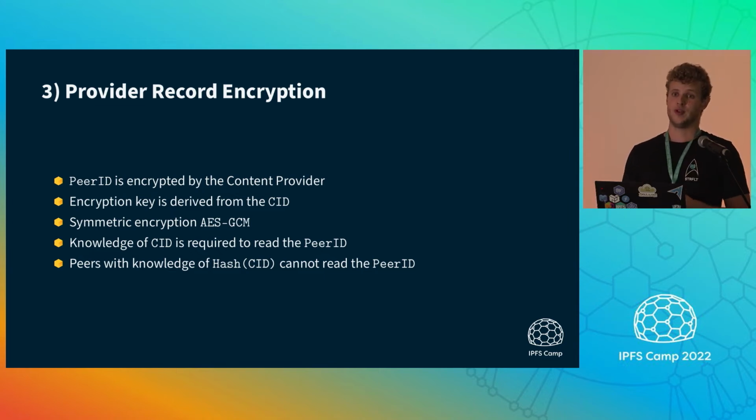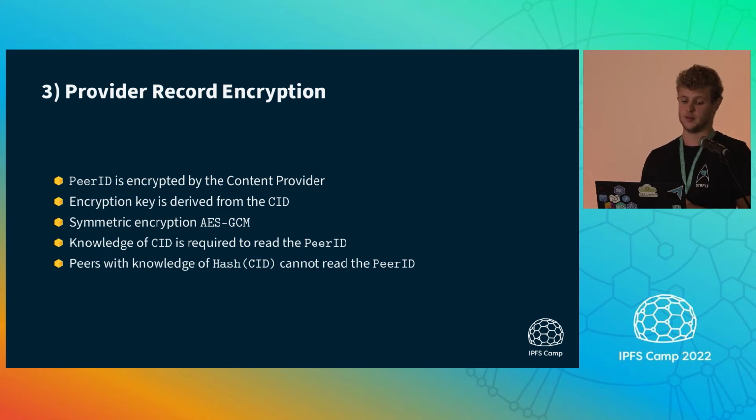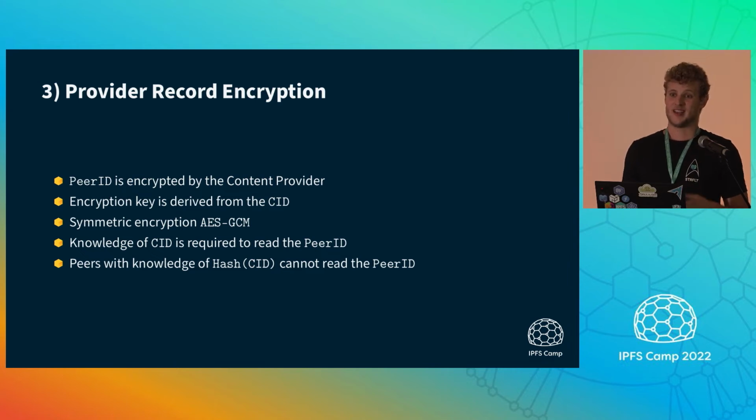They won't be able to request the content from me because they only know the DHT identifier, so I will know that they don't have the CID and I will not give it to them. But my peer ID is in the clear, so as a content provider, I can be associated with this content. So what we can do to address it is encrypt the peer ID with the CID itself.